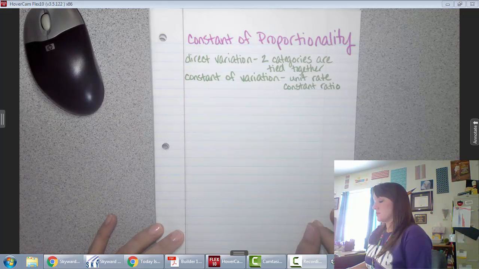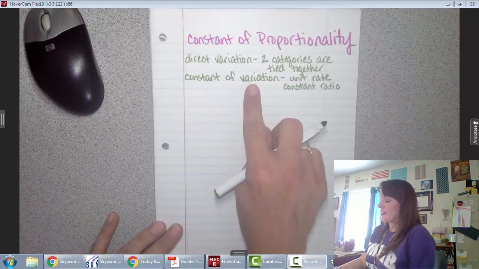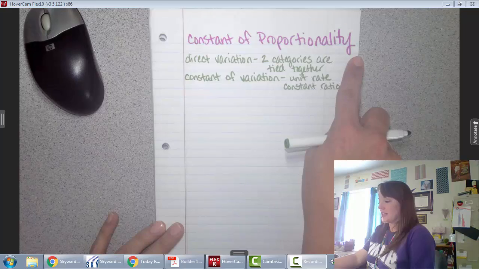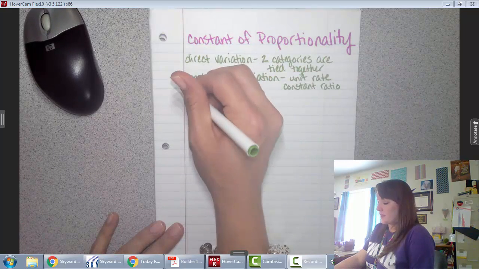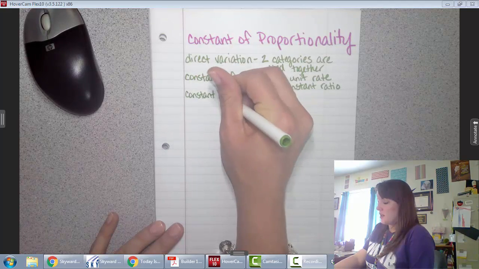Does that say variation? Yes. And then the last word means exactly the same as this word. It's constant of proportionality. It means the same thing.